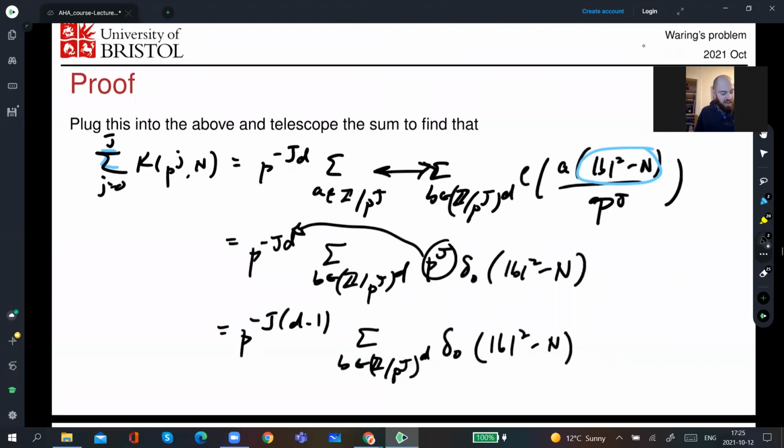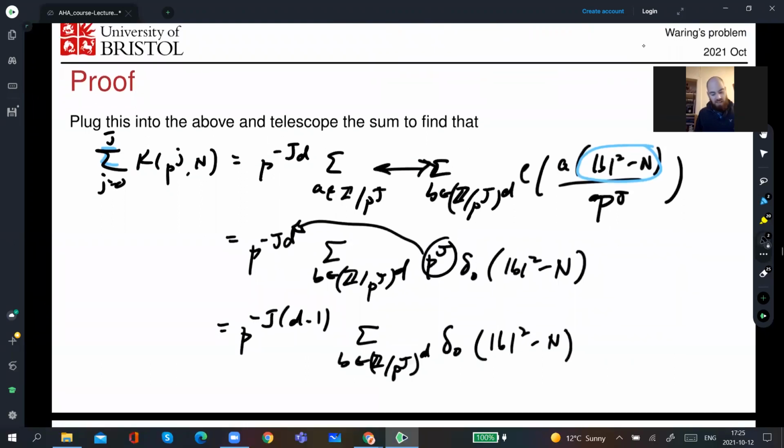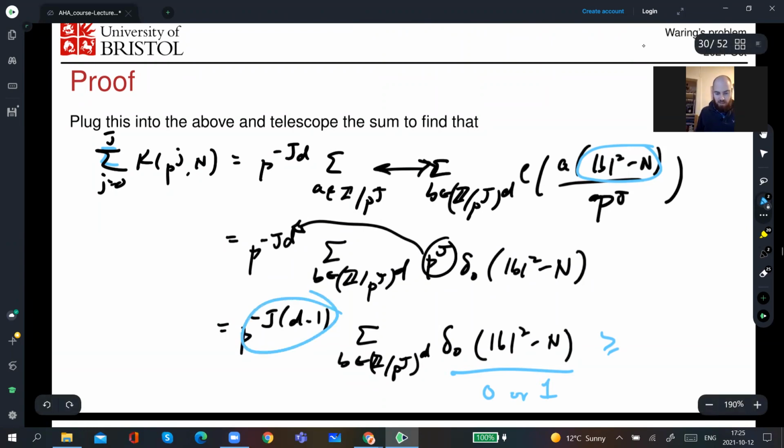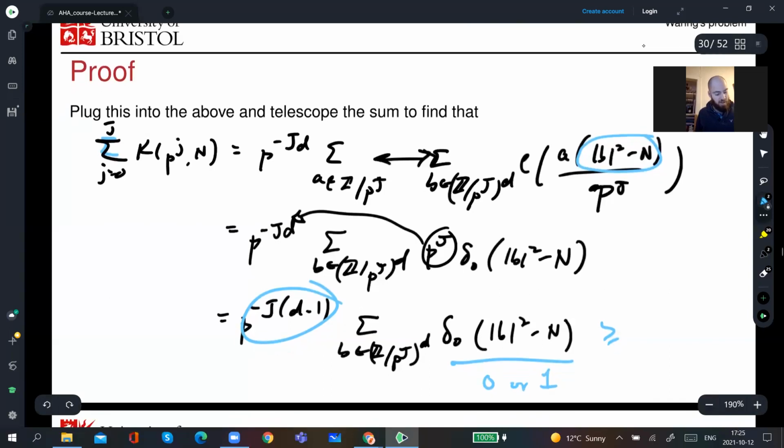Now we see that we have this expression, and it's clearly non-negative. This is always either 0 or 1. It just counts the number of points mod p to the j that lie on a sphere of radius root n, and it normalizes them by the dimension of that sphere.